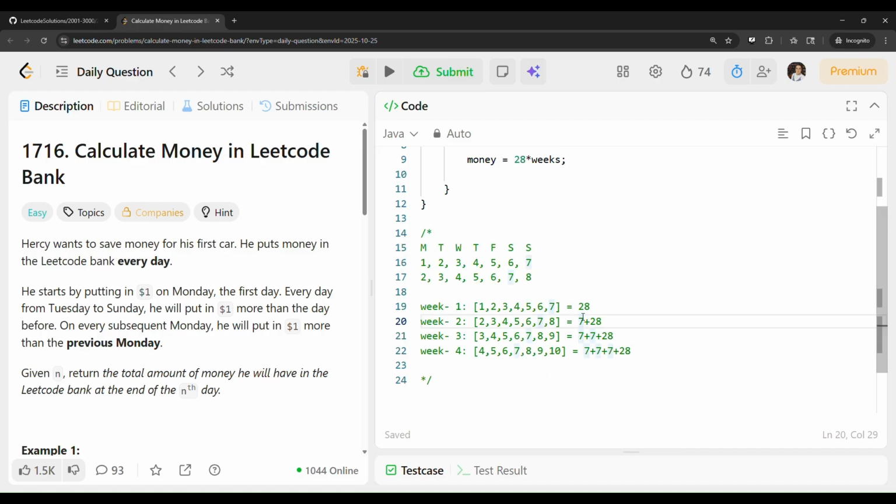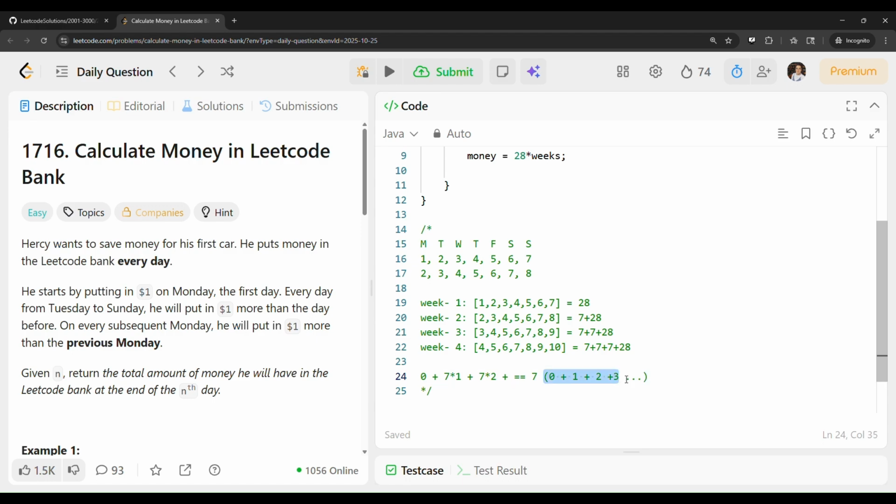This 7 is also forming a pattern. It was 0 in the first week, 7 into 1 in the second week, 7 into 2 in the third week. If we take 7 as common, then in the brackets we get 0 plus 1 plus 2 plus 3 and so on. This is the sum of the first natural numbers, calculated by n into n plus 1 by 2.